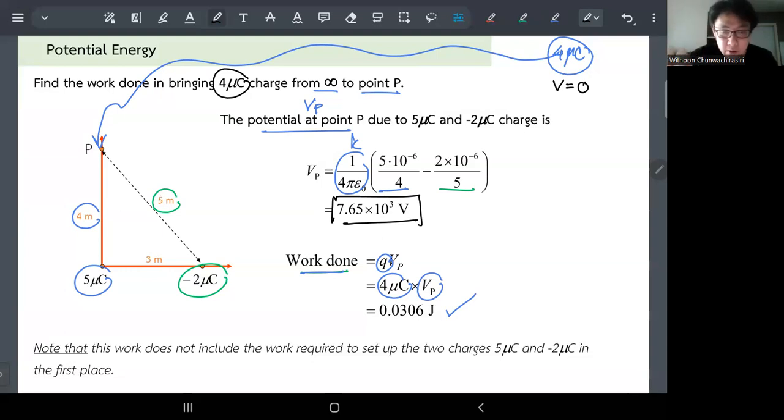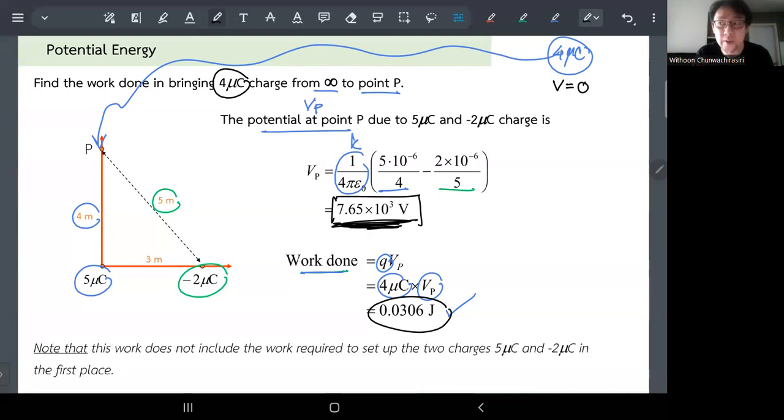You want to go up to 7.65 times 10 to the third volts. You're going into a higher potential. So that's why the work done has to be positive, because you need to supply energy to walk uphill. That's the whole concept of potential.